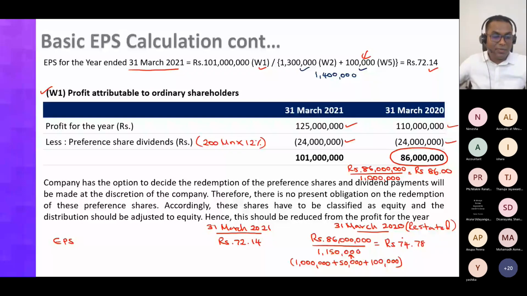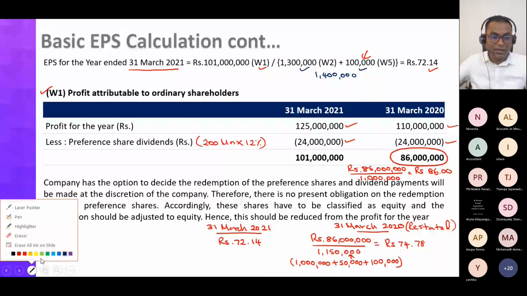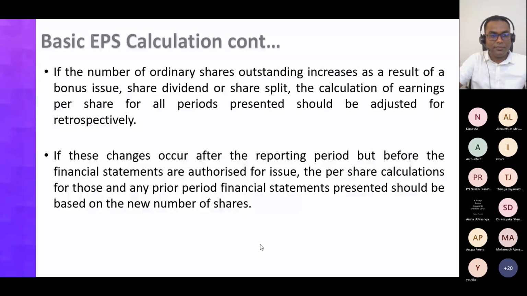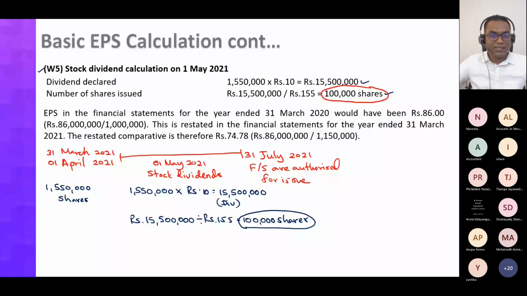So if you look at the EPS trend compared with the last year, it has come down. Last year my comparative figure 74 rupees and 78 cents, current year 72 rupees and 14 cents. That is mentioned here. You look at this EPS in the financial statements for the year ended 31st March 2020.